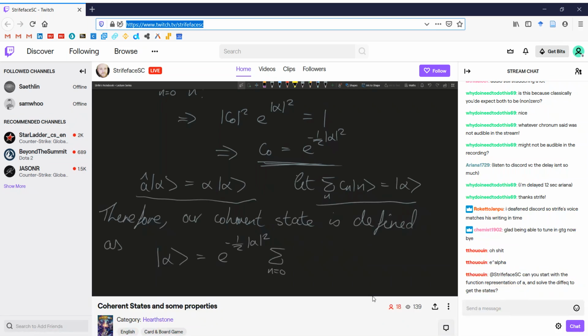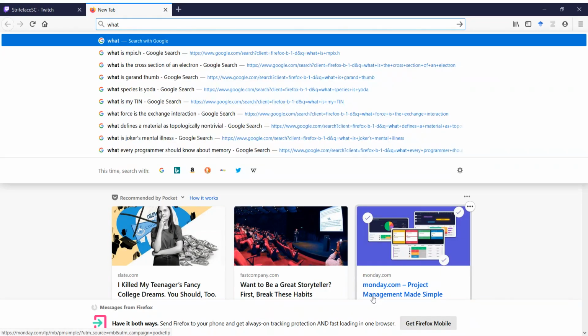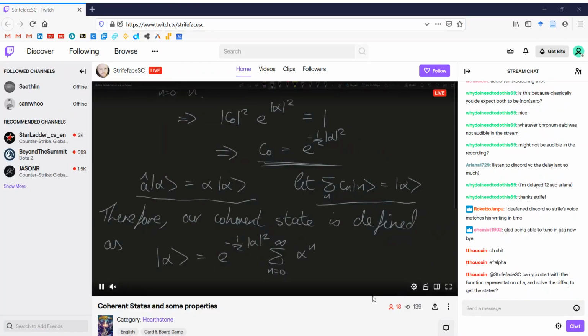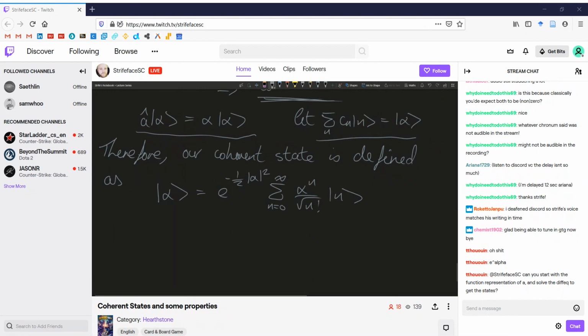Alpha to the n over root n factorial. Now I'm just going to move this down. That was probably the most mathematically demanding part of it, but I feel like it's a nice derivation.